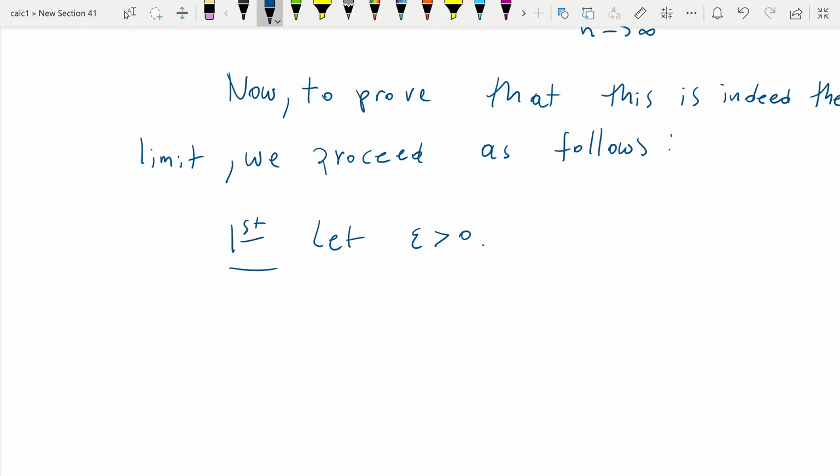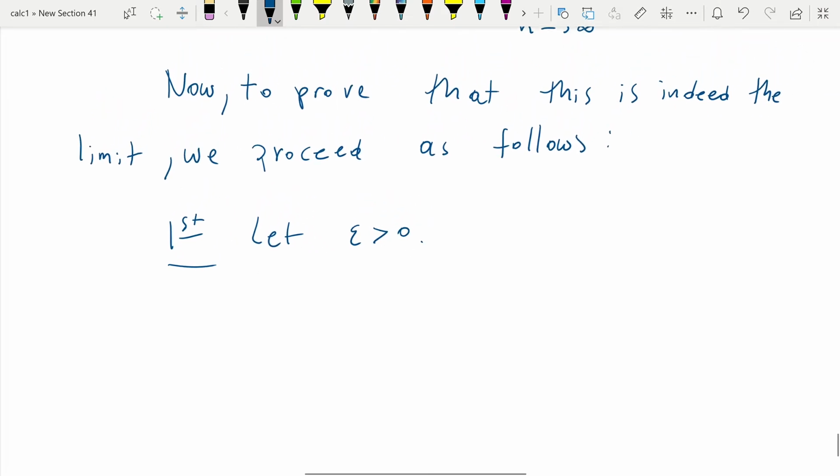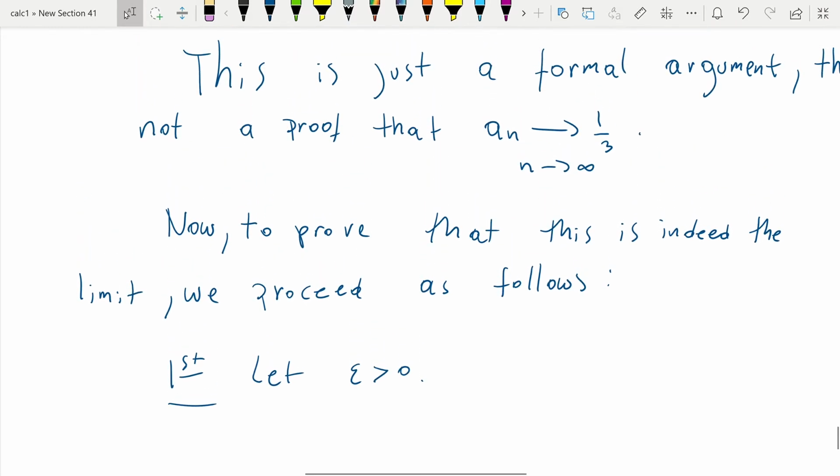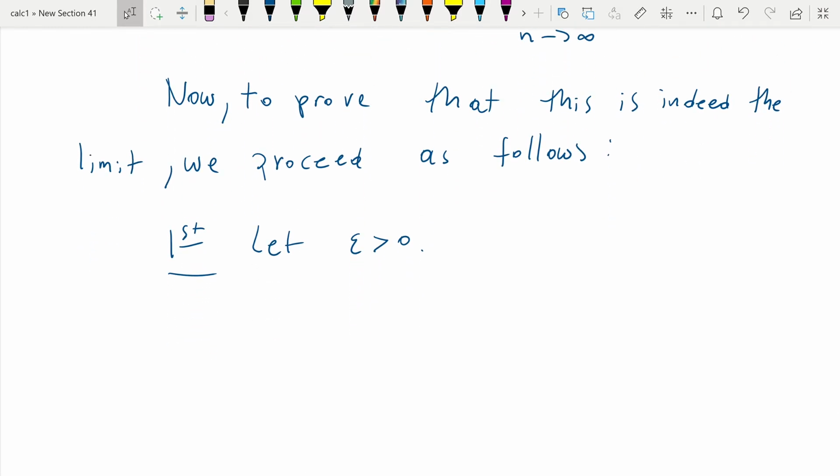Be an arbitrary small number, I mean, just a given number. Epsilon is greater than 0. And so now the task is to find n. So we need to find n in terms of epsilon that will make the rest of the statement true.